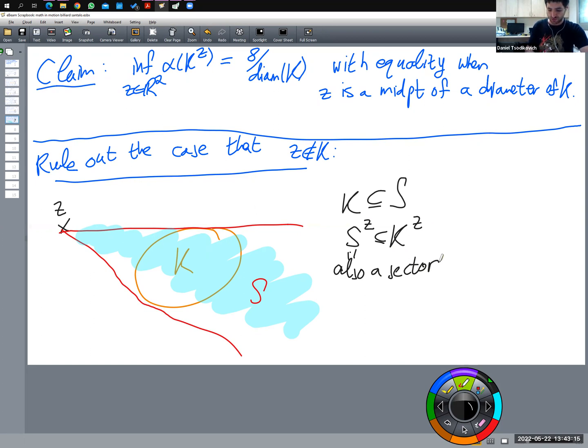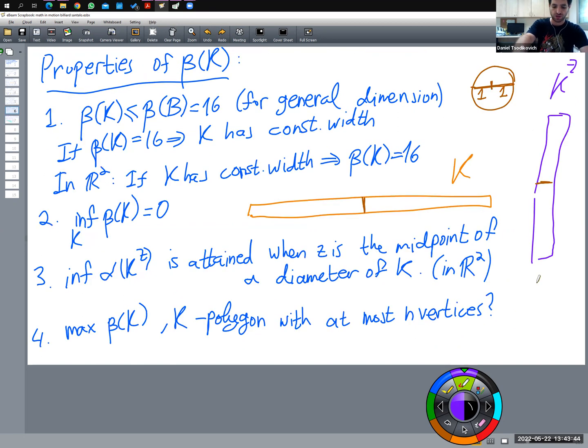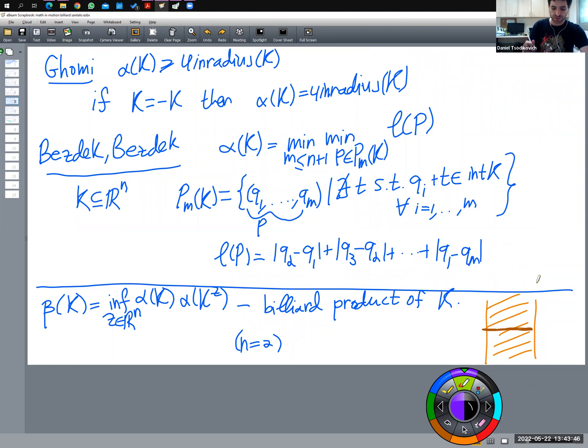And now if we look at the dual picture, so we have here a KZ, and inside it we have this sector. And this shows that the dual cannot have closed billiard orbits, because a sector can't have closed billiard orbits. So one way to show this, and this is the fact that we'll need in general, is that the work of Bezdek and Bezdek implies that alpha is monotone.